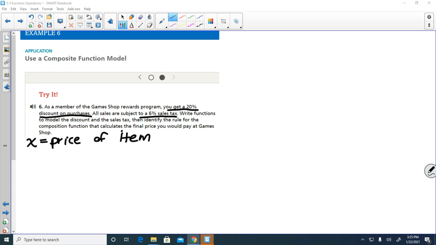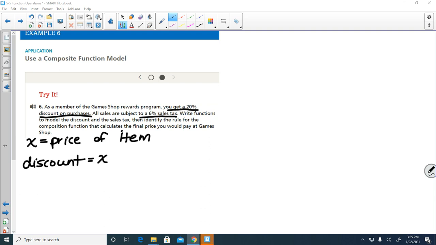All right, so first of all, let's write a function for the discount. To get my discount, it says I get 20% discount on the purchase. Okay, so I get 20% off. So here's how my discount works.